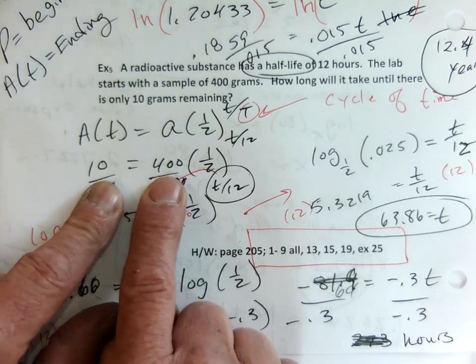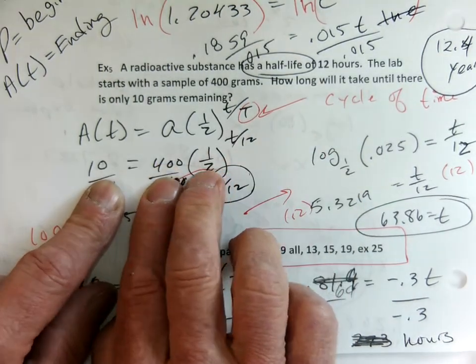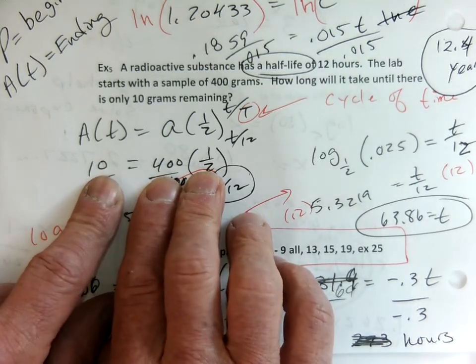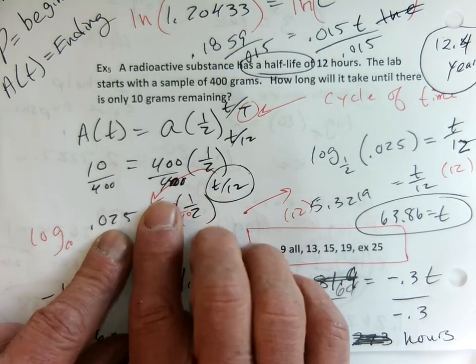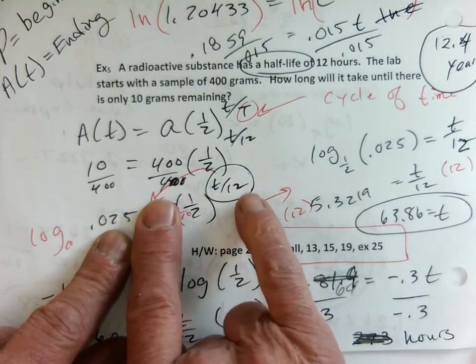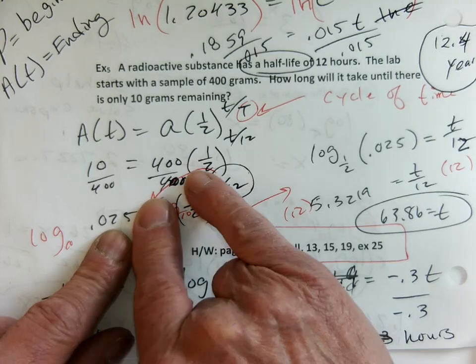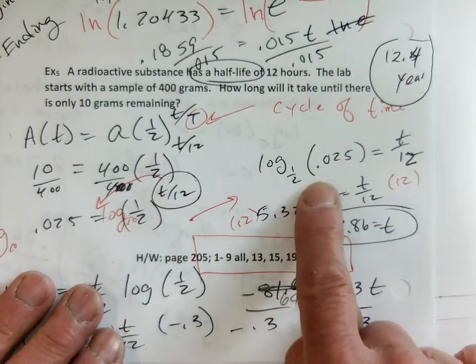I've got my 400 as the beginning amount, half-life cycle of time every 12 hours, and my ending amount is 10. The first thing I did is divide by 400, and I got about 0.025. And then I need to bring the exponent down. So I took the log of both sides, log base 10, and that brings down the exponent.